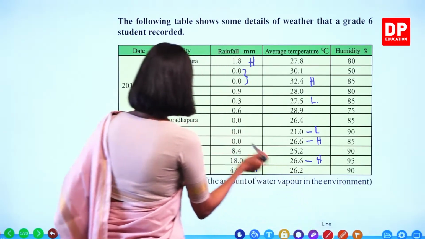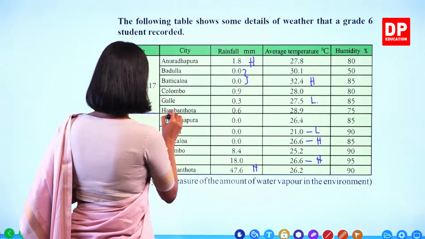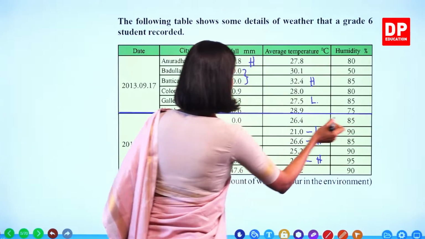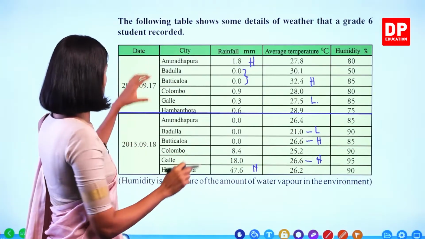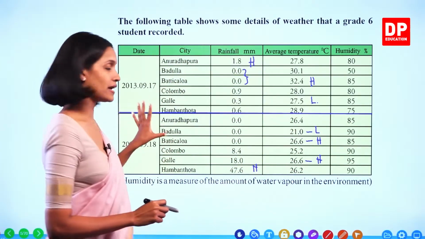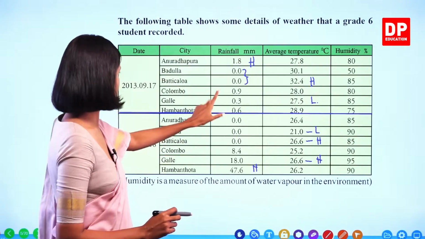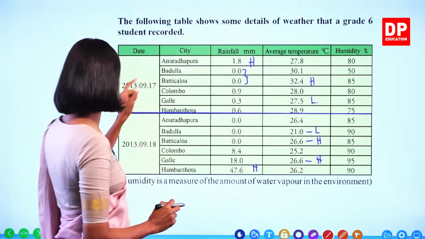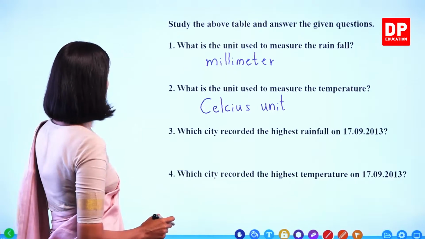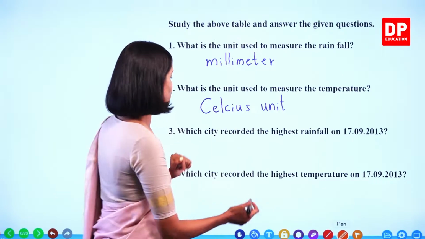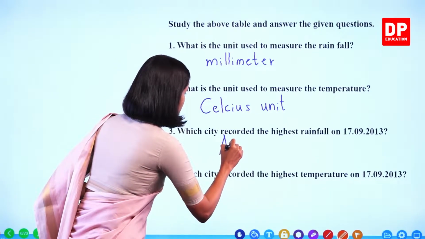So to see this clearly, I'll put a line like this. Above this line, the blue line, 17th, below the blue line, 18th. So, highest rainfall was recorded in Anuradhapura on the 17th. Which city recorded the highest rainfall? Anuradhapura.